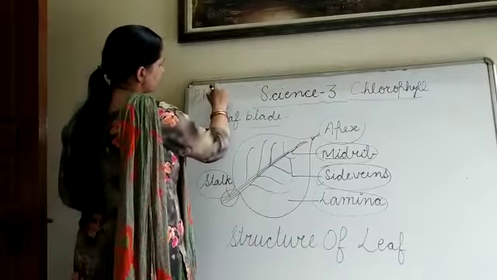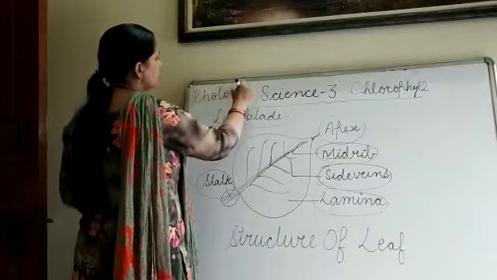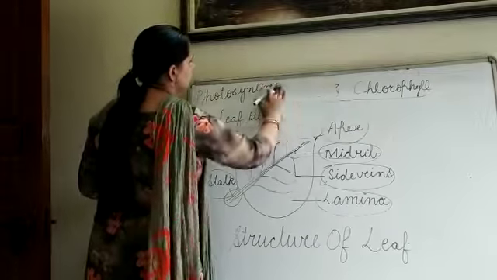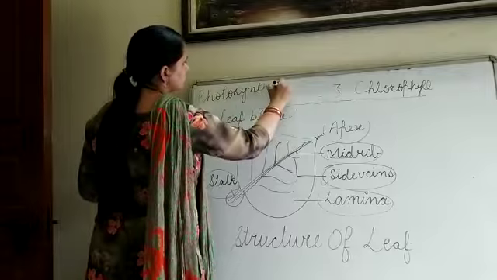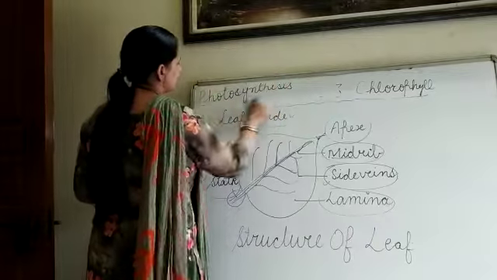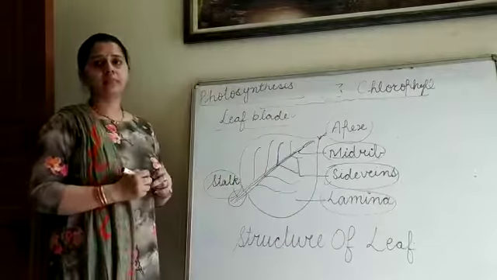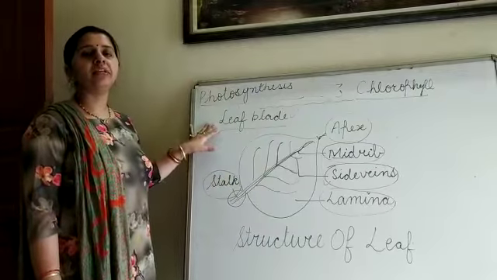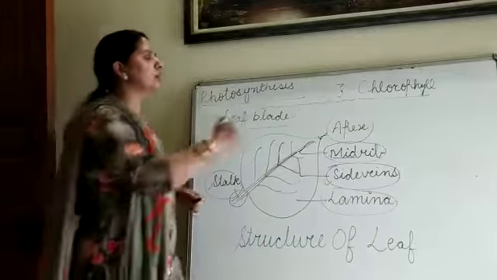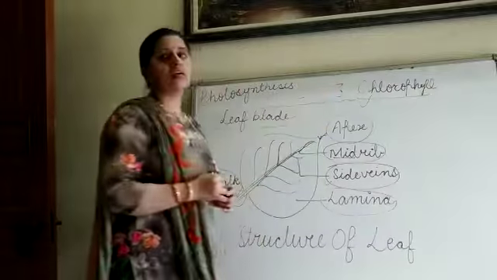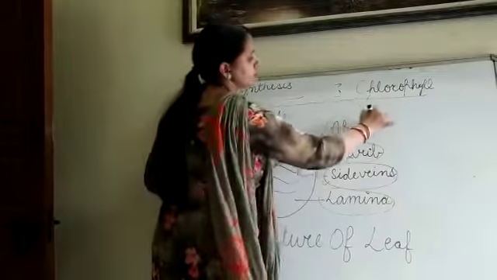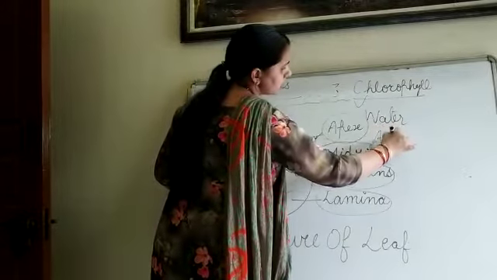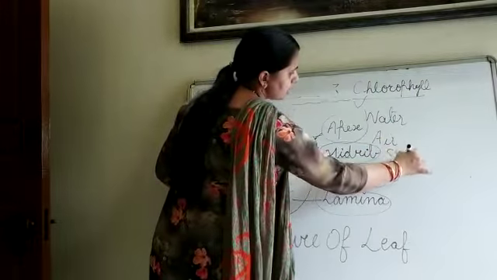What is photosynthesis? The process of making food with the help of chlorophyll, water, air and sunlight.